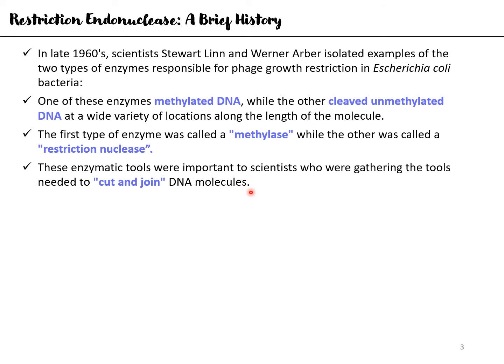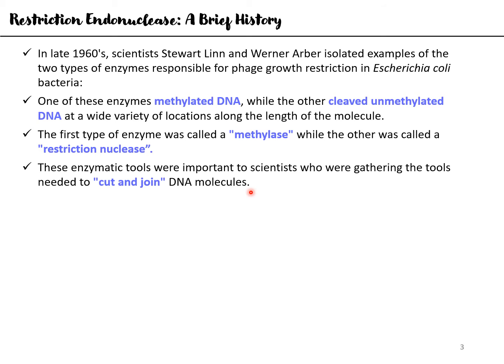These enzymatic tools were important to scientists who were gathering the tools required to cut and join DNA molecules. Typically, the bacterium methylates its own DNA for protection, and whenever a phage invades the bacterium and injects its DNA, the host bacterium can recognize the foreign DNA. Why? The foreign DNA is not methylated.